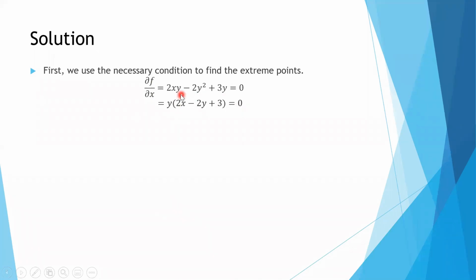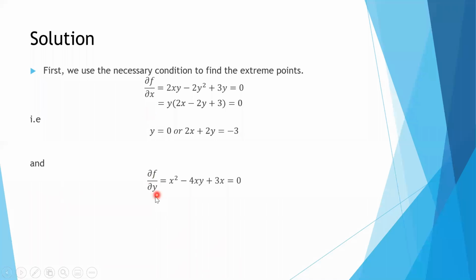Okay, so I can take y common here. So this becomes y(2x - 2y + 3) = 0. In other terms, I can say either y is 0 or this term is equal to 0. I'm taking 3 to the other side, and this becomes 2x - 2y = -3.